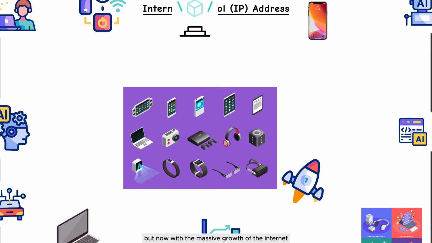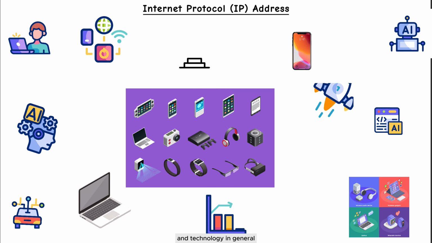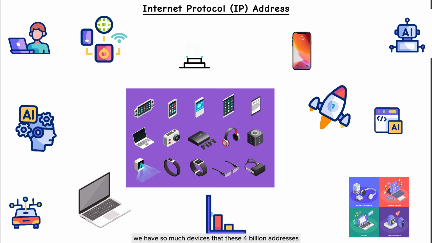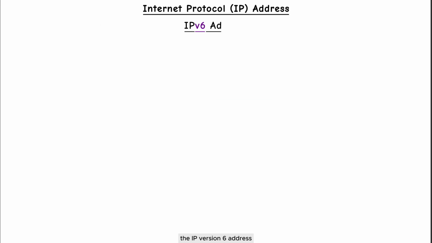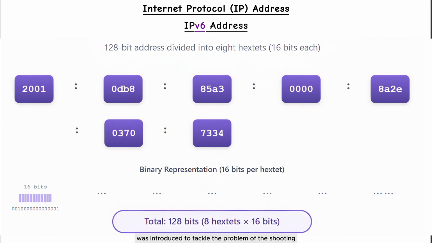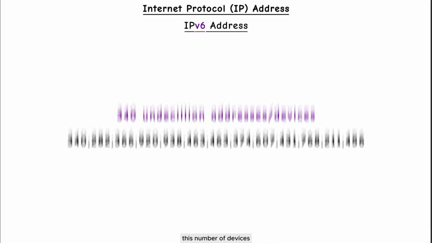But now, with the massive growth of the internet and technology in general, we have so many devices that these 4 billion addresses have practically run out, and so IP version 6 was introduced to tackle the shortage of IP addresses. IP version 6, on the other hand, is a 128-bit number. Compared to IP version 4, which is 32-bit, IP version 6 has a very huge capacity.